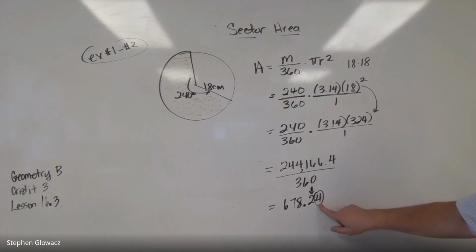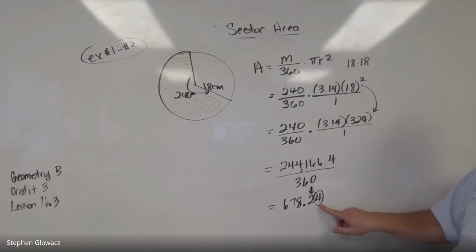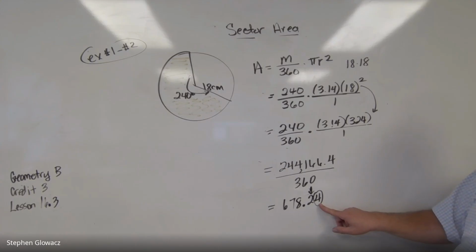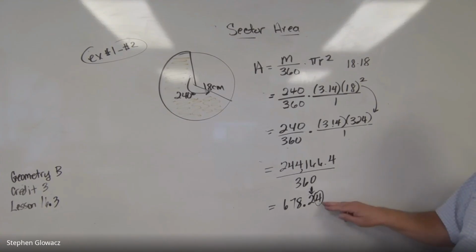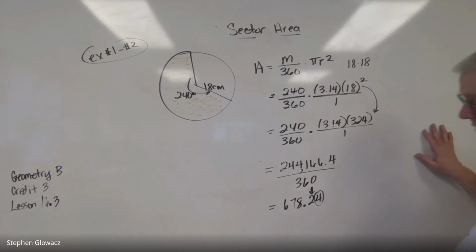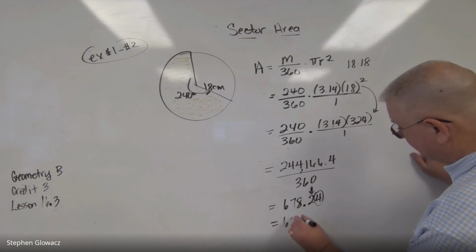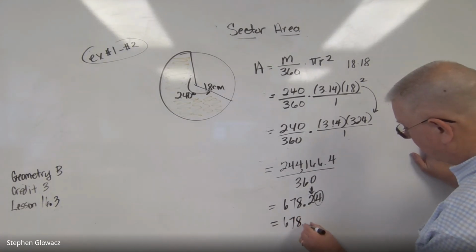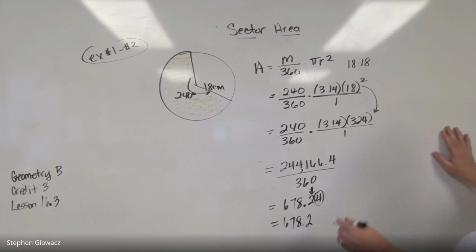We look to that next number. Our stay numbers are 0, 1, 2, 3, or 4. If it's a 0, 1, 2, 3, or 4, we stay at 0.2. If it's a 5, 6, 7, 8, or 9, we go up to 0.3. Well, that's a 4, so that's a stay number. So we're going to stay 678.2.